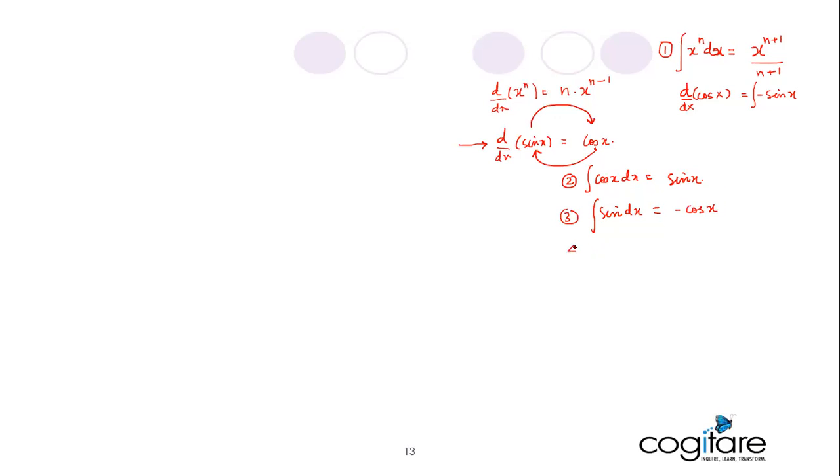Okay. And supposing I do, what is derivative of log x? So 1 by x. Very good. That means integral of 1 by x is going to be log x.